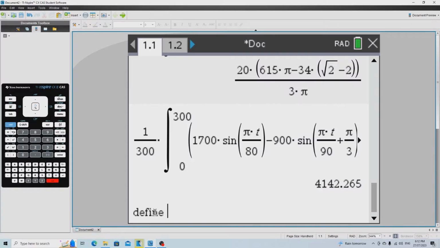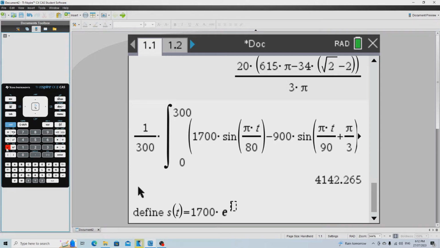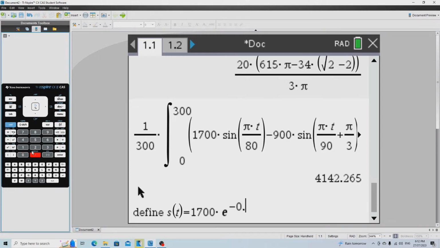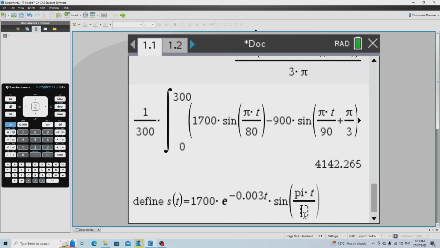So define this function, which is S of t equals 1/700 times e to the power of negative 0.003 t times sine of pi times t over 80 plus 2,500.